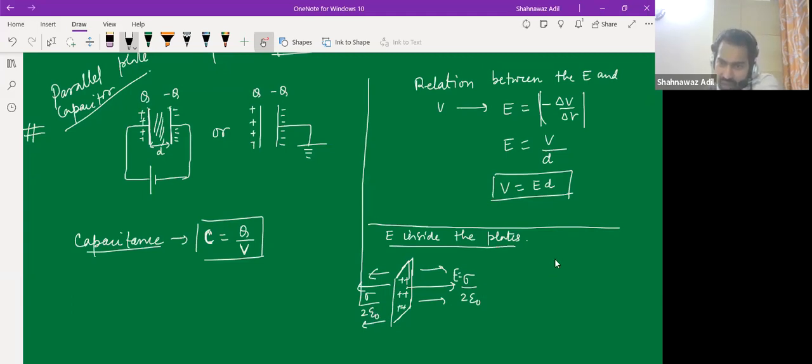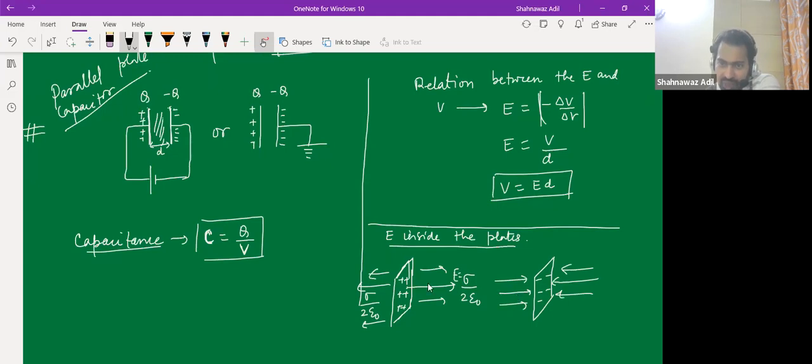Now the negative one, what is its direction? It will be opposite of this. The magnitude would be the same, but the direction would be different.